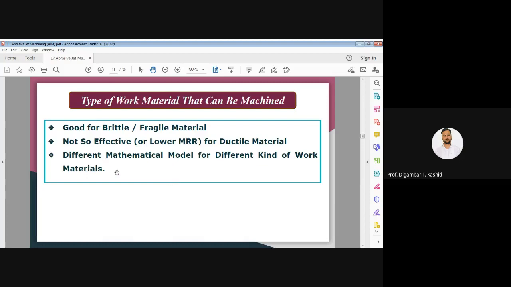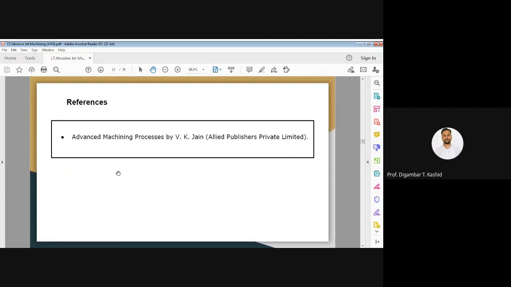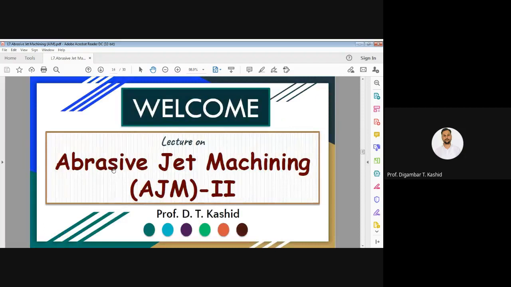To calculate the material removal rate theoretically, we have different mathematical models for different kinds of work materials. That mathematical modeling is not part of our syllabus. So this is part one of the abrasive jet machine.